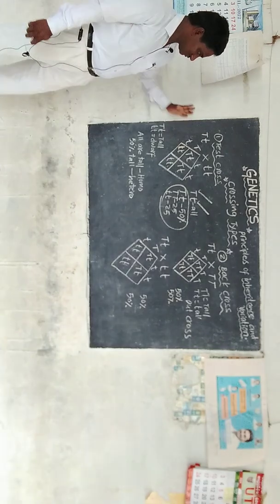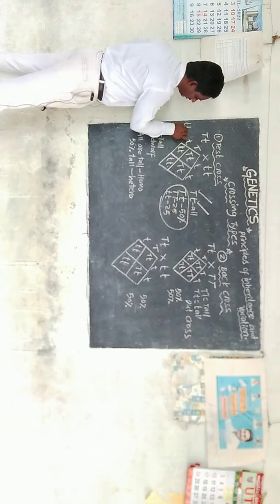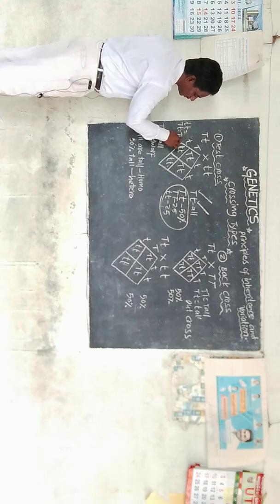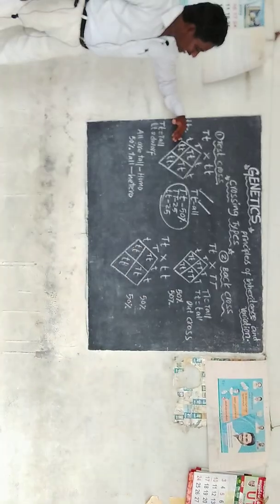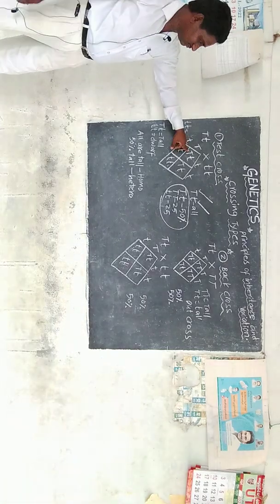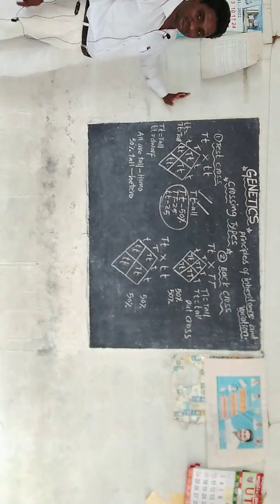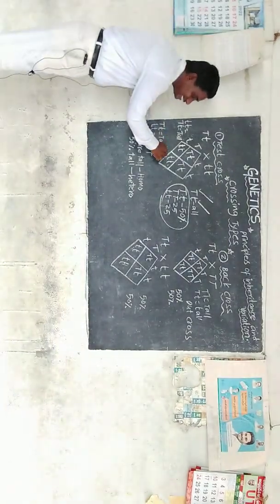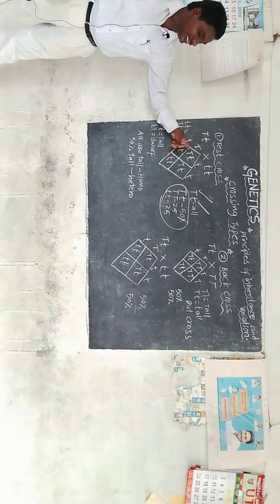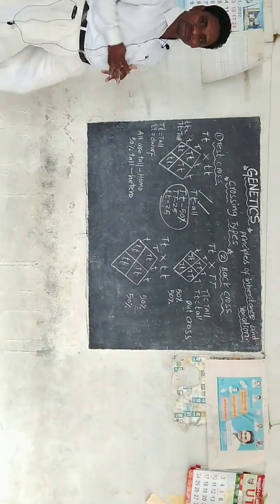That means small t, small t means dwarfness, and capital T, small t means tallness. Whether T is in combination with capital T or small t, the plant is tall. Small t in combination with small t is dwarfness. That means small t is not responsible for the tallness of the plant. Capital T is responsible for the tallness of the plant, as estimated by the test cross.